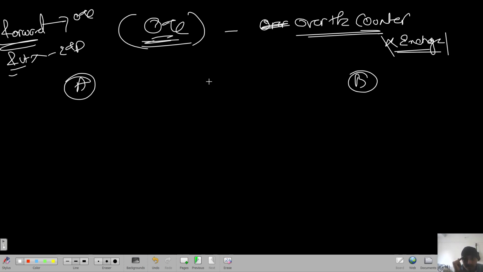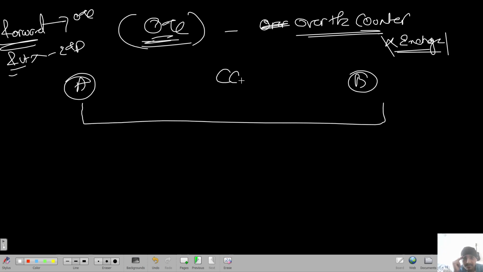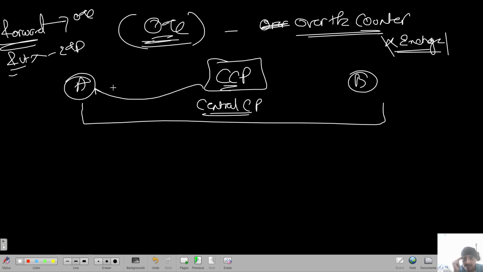Now in order to mitigate the counterparty credit risk in an OTC contract, both parties bring a CCP, central counterparty, into the picture. Again, this central counterparty acts as a buyer to the seller, and as a seller to the buyer after taking the margins.